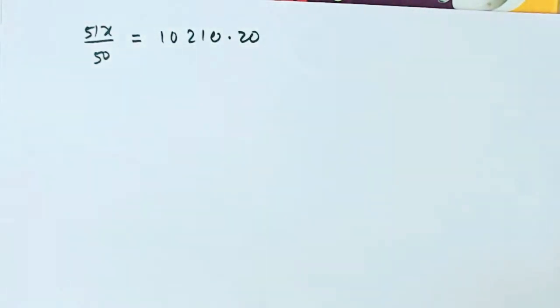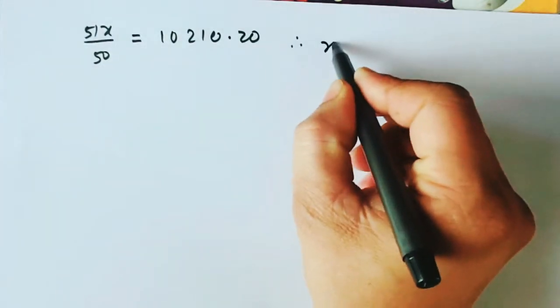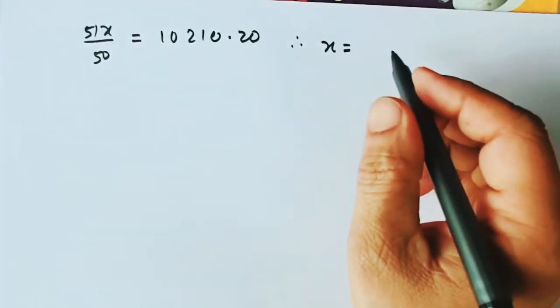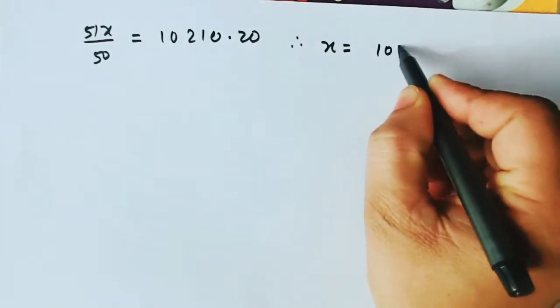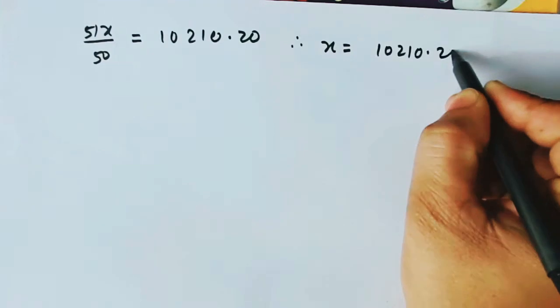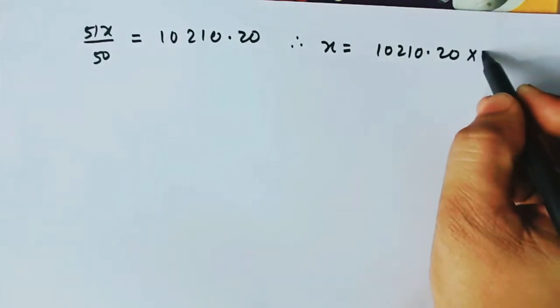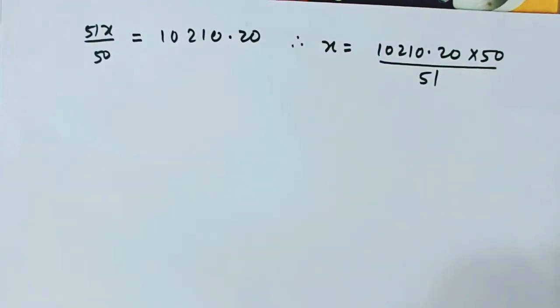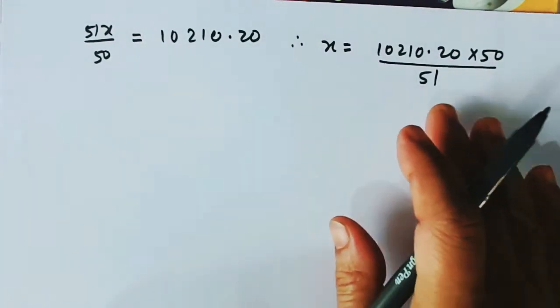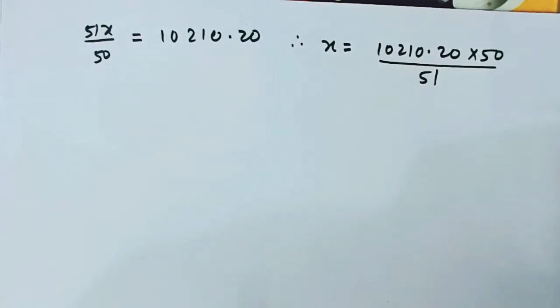So the value of x will be equal to how much? 10210.20 multiplied by 50 divided by 51. When you cancel this, what are you going to get?